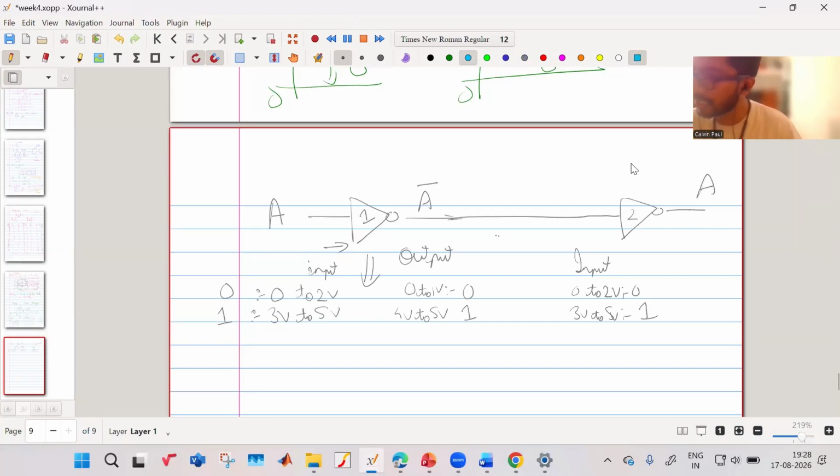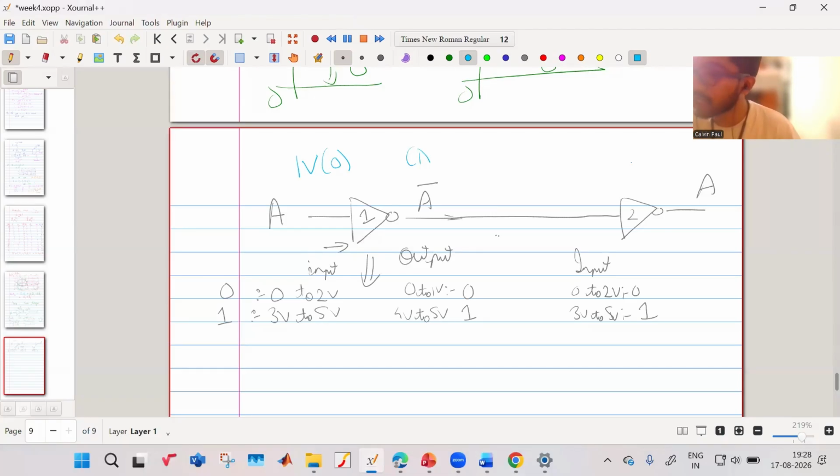Let us go with one case at a time. Your input signal over here is 1 volt. That means it is actually 0 over here. So your output over here, A bar, should be what? It should be 1, which means your signal will be between 4 volt to 5 volt.